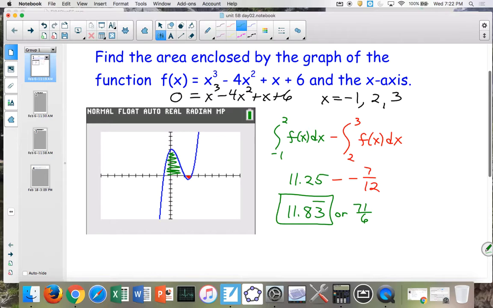And thus the total area enclosed by this function and the x-axis is 11.83 repeating square units.